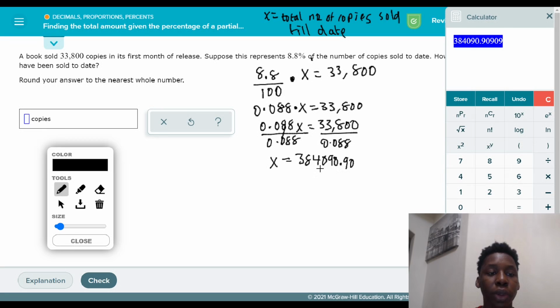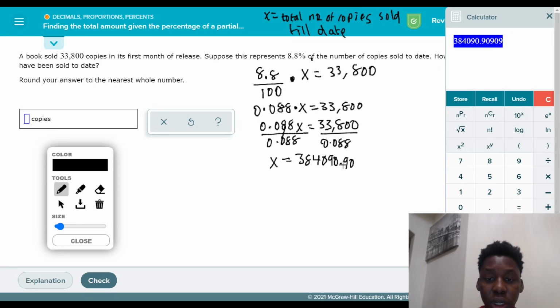So we have to round this, and right now we're looking at the numbers behind the dot, which are 9 and 0 in this instance. We ask ourselves, is the number after the dot greater than 5?